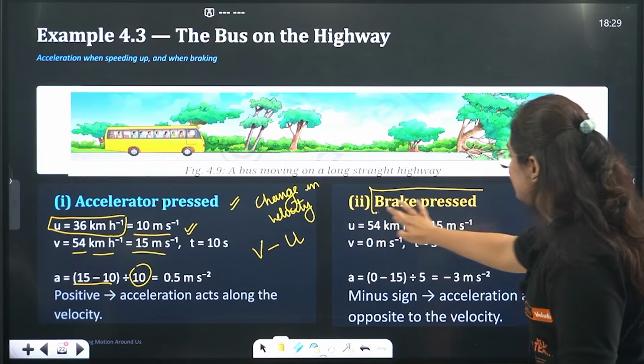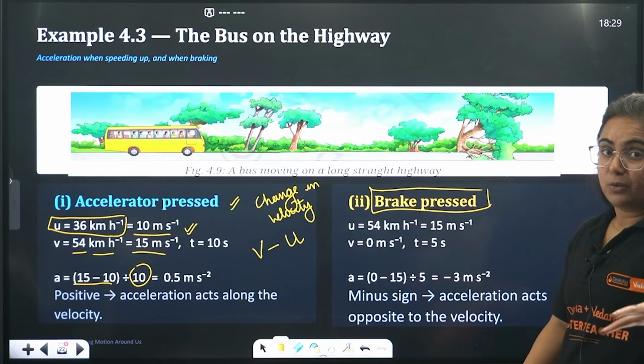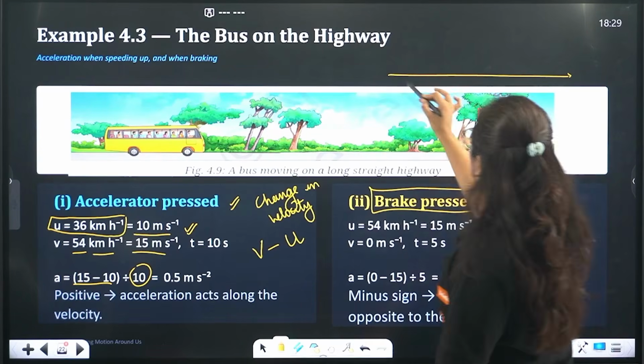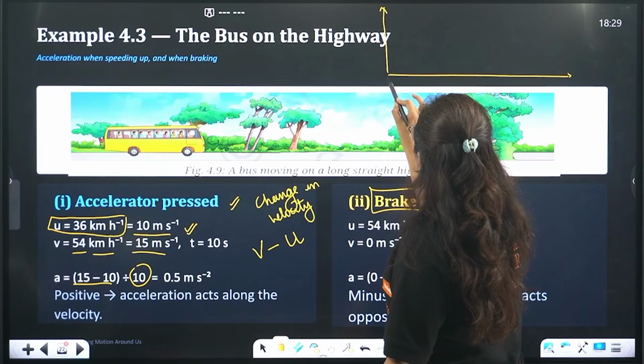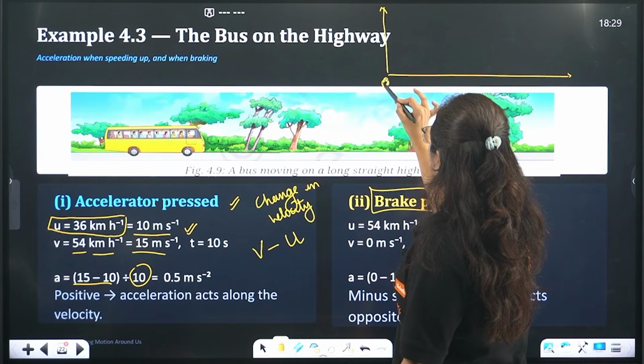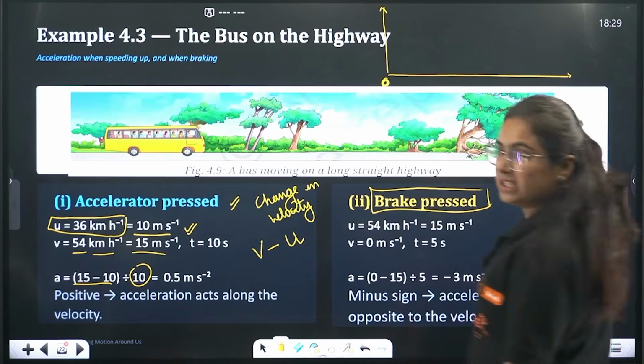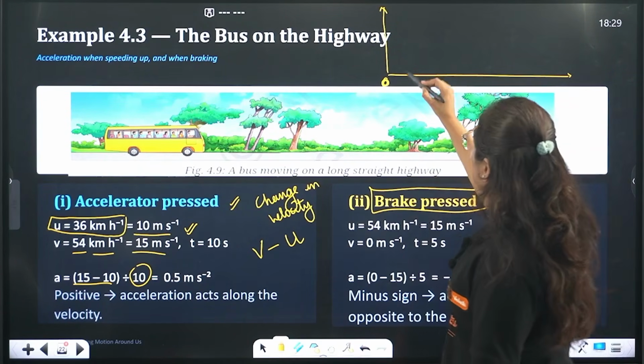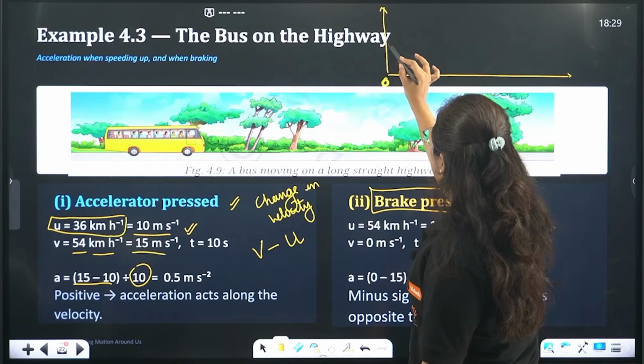When the brake was pressed. So now, you were at more speed. See, I'll tell you with the help of a graph. So, you are at point 0. Now, what happens? You were moving at a constant speed. Okay? Constant speed.